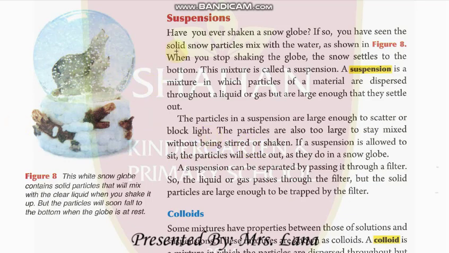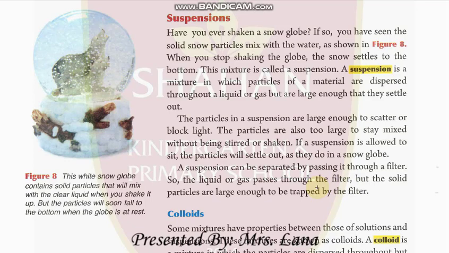Because, as we said before, if the snow globe is at rest, these solid particles will be found at the bottom of the globe. But when we shake it, and then allow it to rest, the particles will settle out as they do in a snow globe. A suspension can be separated by passing it through a filter, so the liquid or gas passes through the filter.